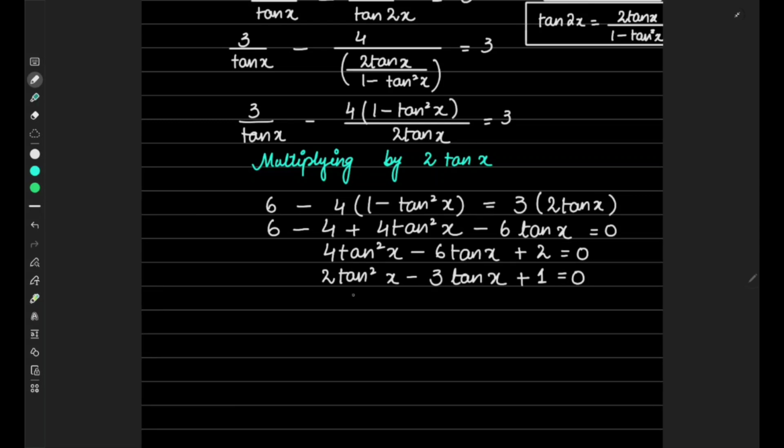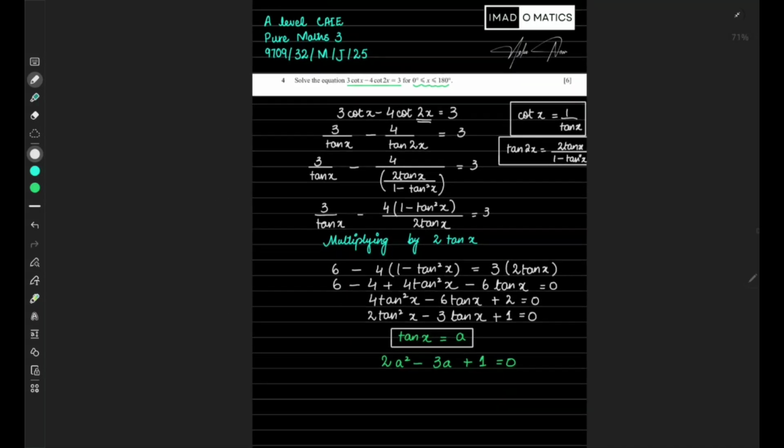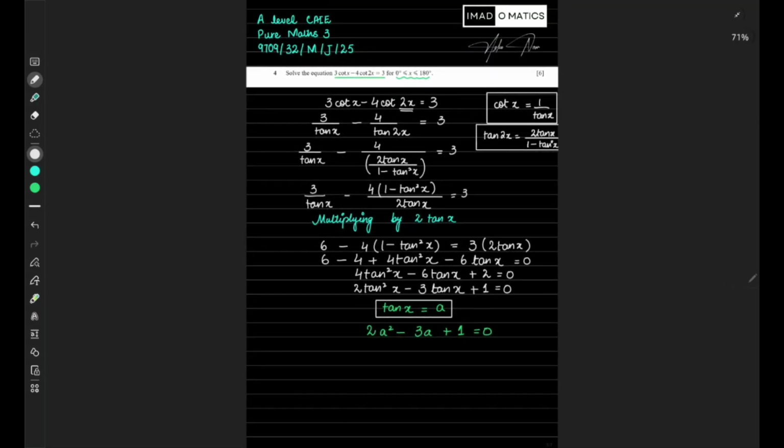Now solve this quadratic. You can do it in two ways. You can either put tan x equals a, then the equation will become 2a square minus 3a plus 1 equals 0, or you can directly solve in tan. I don't mind doing it without substitution, but I have seen students find it difficult, so let's do it with the substitution.